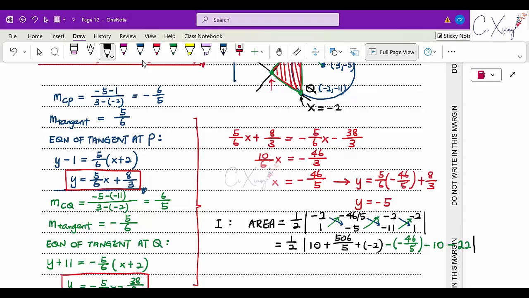Okay, so after you complete the process, you'll be having this. Then simplify your answer, and you'll be having 216 over 5 or 43.2.